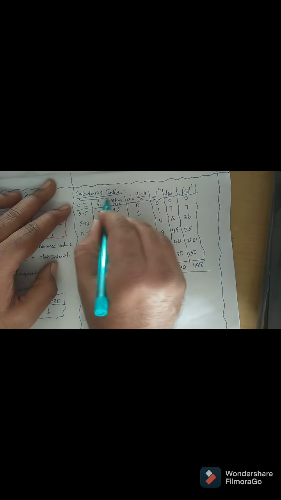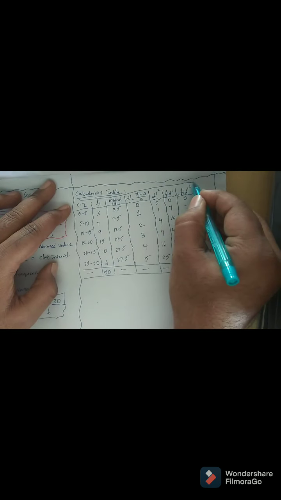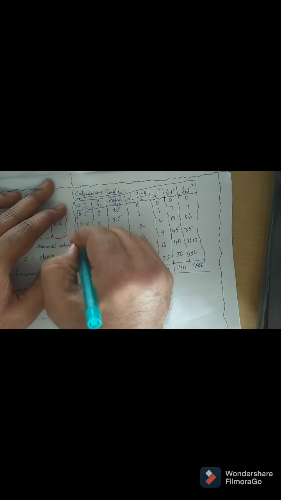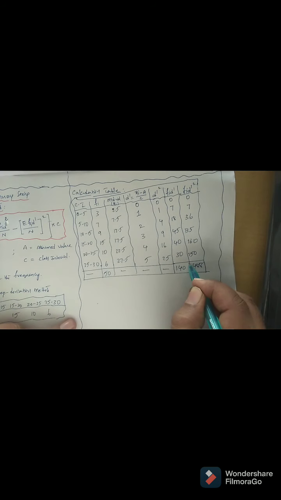So we fill up the table completely. So this is called the calculation table for standard deviation. Which method? Step deviation method. Understand? Now we substitute in the formula.